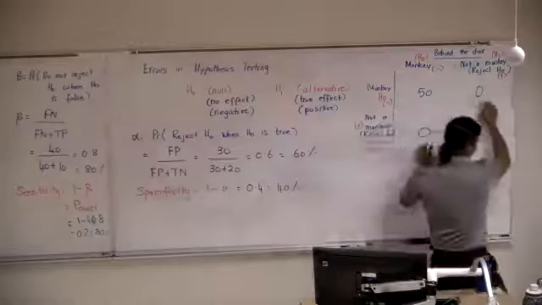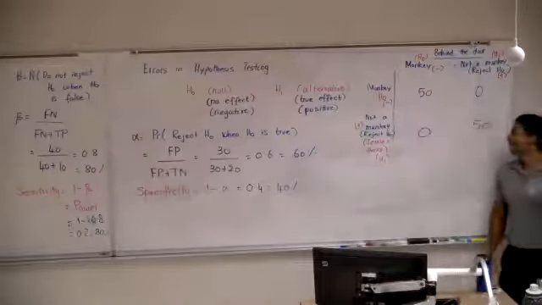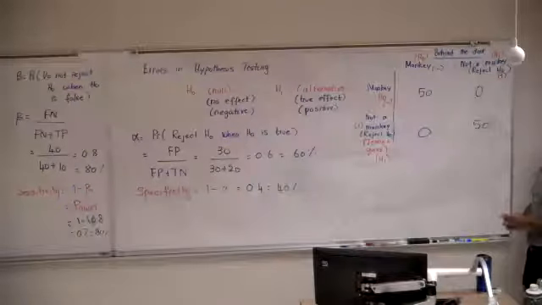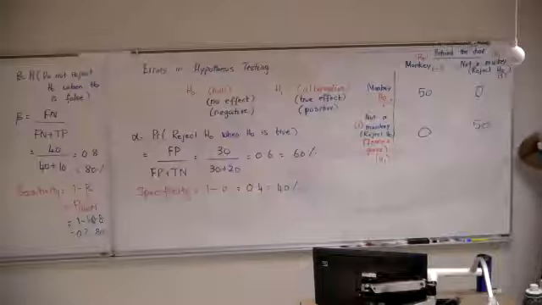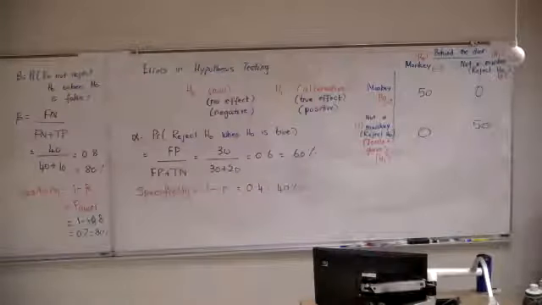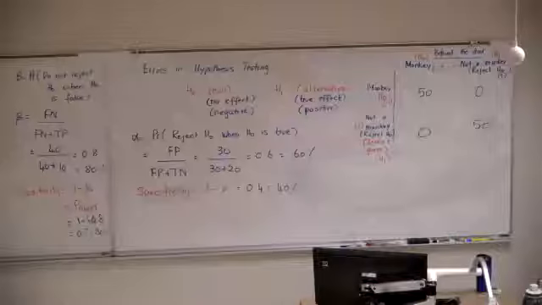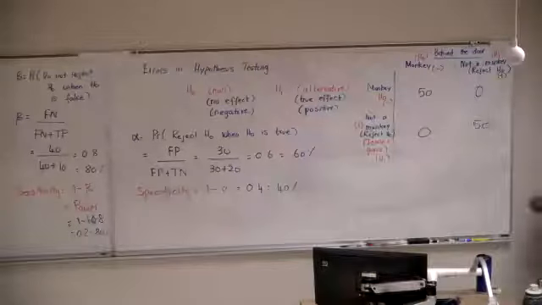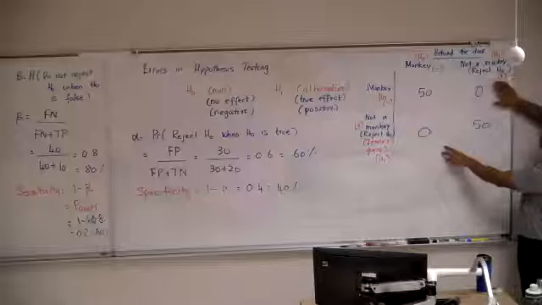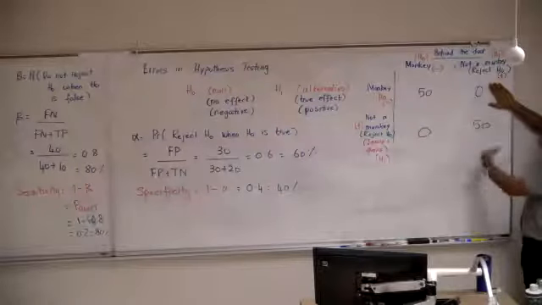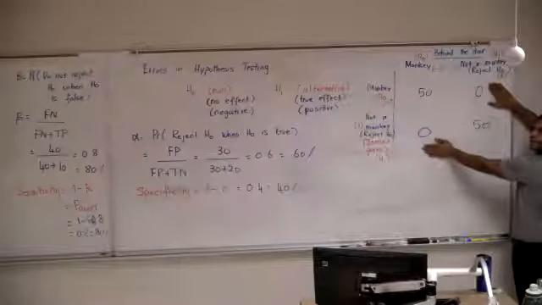So this cannot happen. But the problem here is if one tries to reduce alpha, yes. So the higher power and the higher specificity for a hypothesis test is better. Best. So if I try to minimize this, I will end up messing up here.